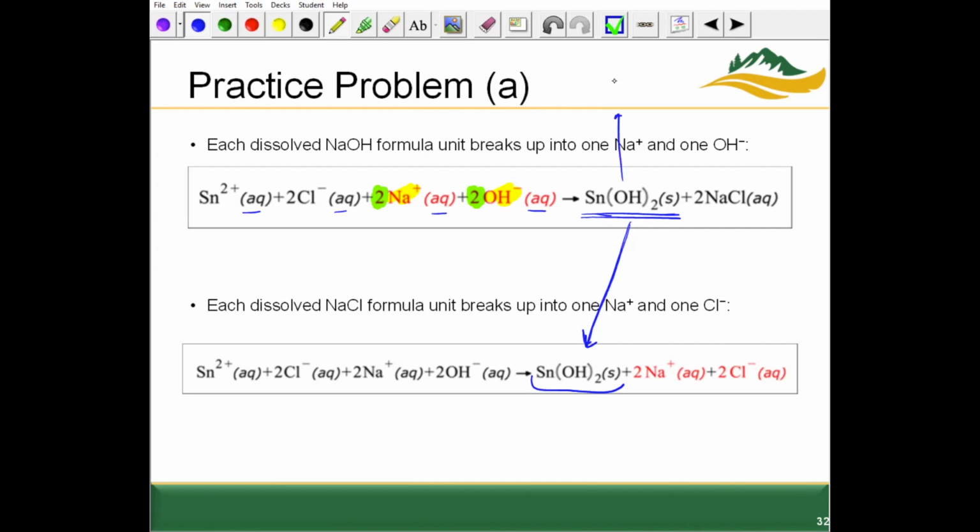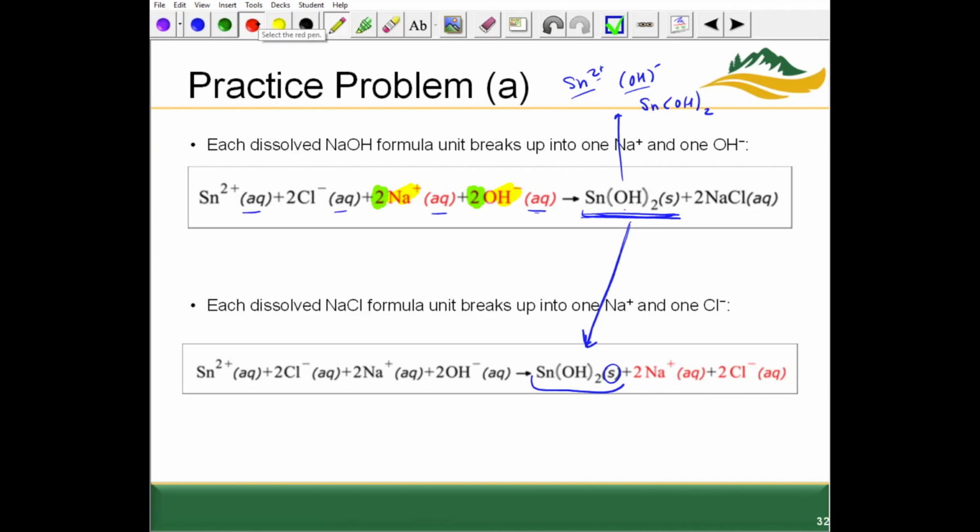Just for practice, if we have OH-, but then the total formula here is Sn(OH)2, that means that again, tin is going to be a 2+ charge because then with the cross method, we have Sn(OH)2. Again, not worth writing out Sn2+ and OH- into the respective ions in an aqueous form because they come back to form this insoluble precipitate.